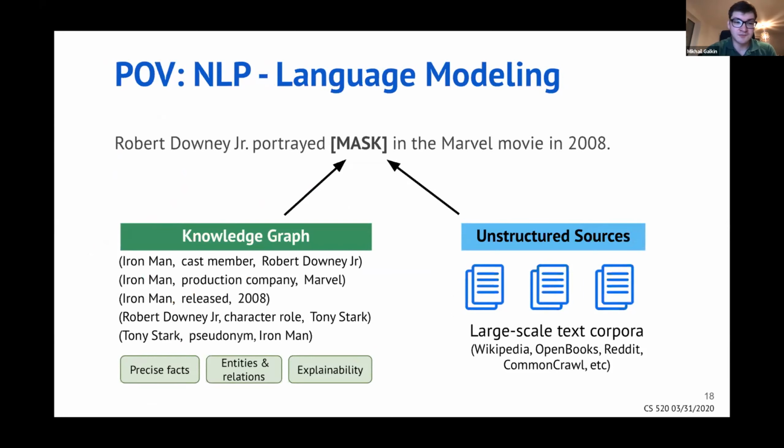It's language modeling. If you work in NLP, you probably know that language models pretty much occupied all the NLP research world, and everybody's using pre-trained language models for downstream tasks.